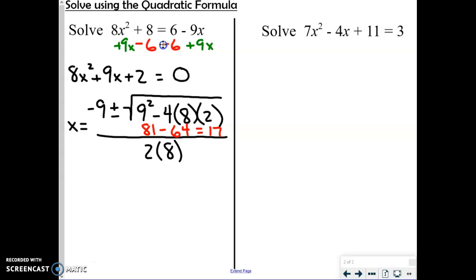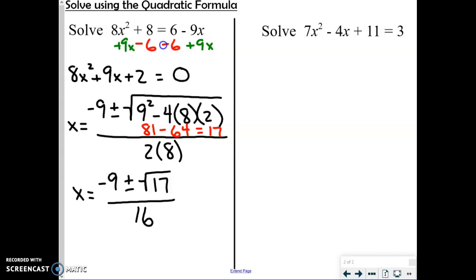So in this case, that would leave us with the following. X is equal to negative 9 plus or minus the square root of 17 over 16. And since 17 does not have an exact square root, this is our exact answer.